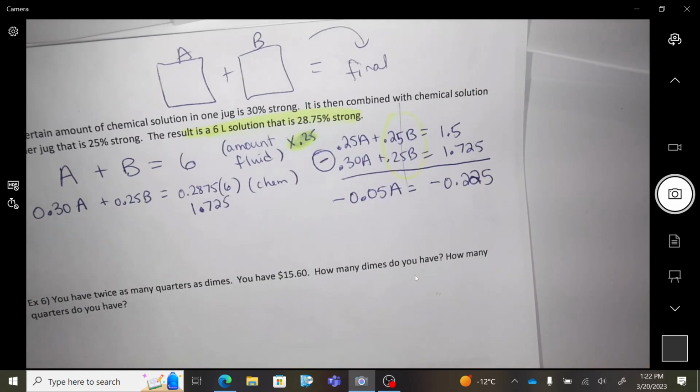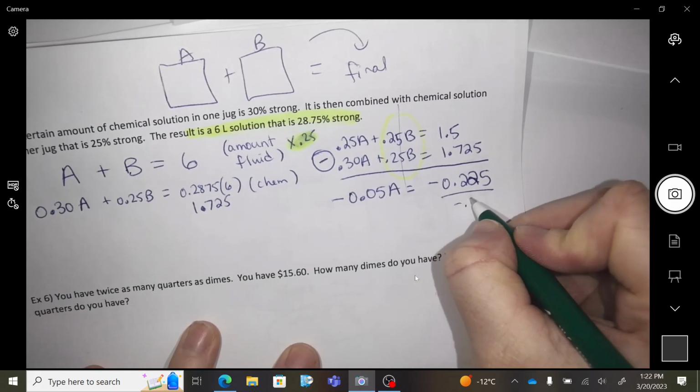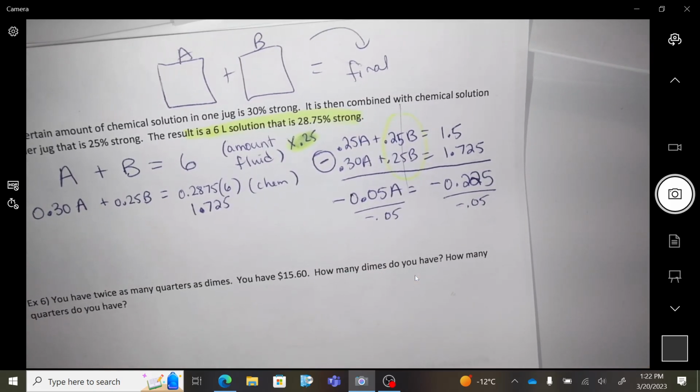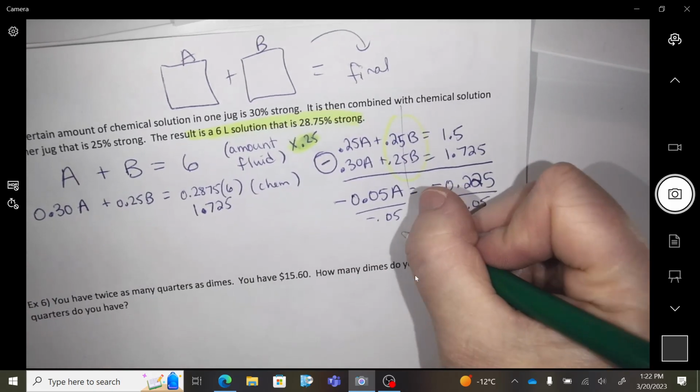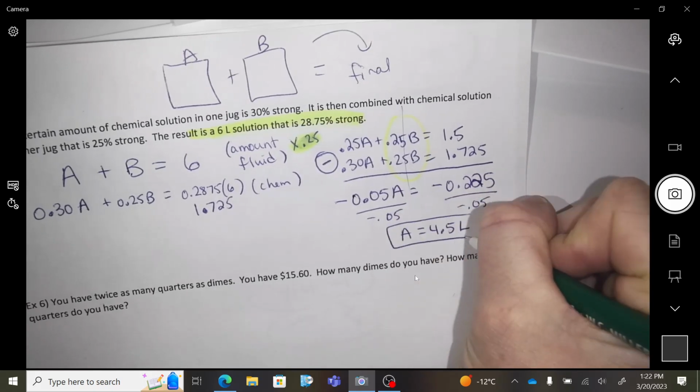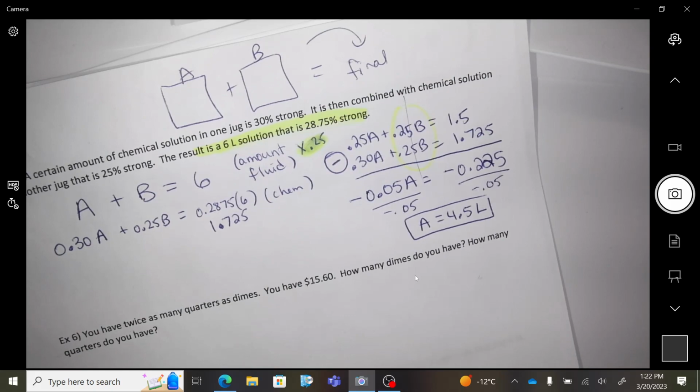Did you notice that those B's disappeared, right? Because that's the point. Elimination means you eliminate something. So one of the letters has to go. Okay, and now I'll divide. And I got 4.5, which is the liters of fluid in jug A.